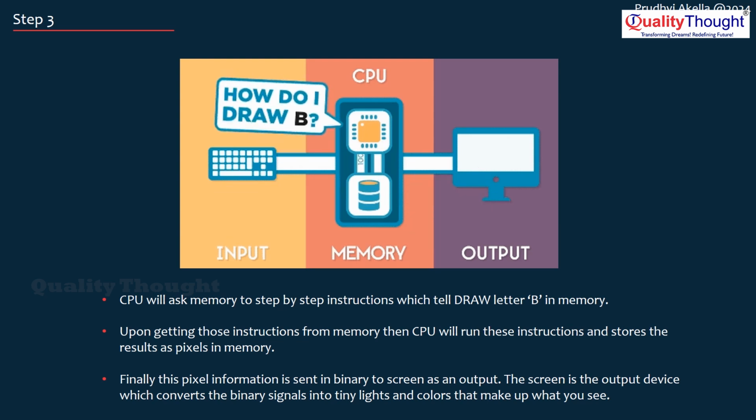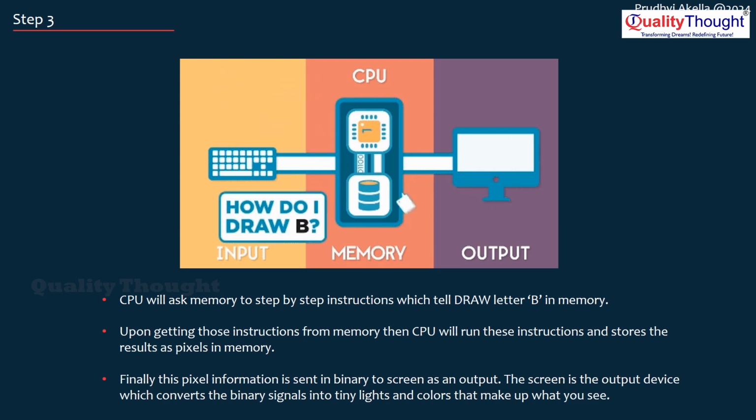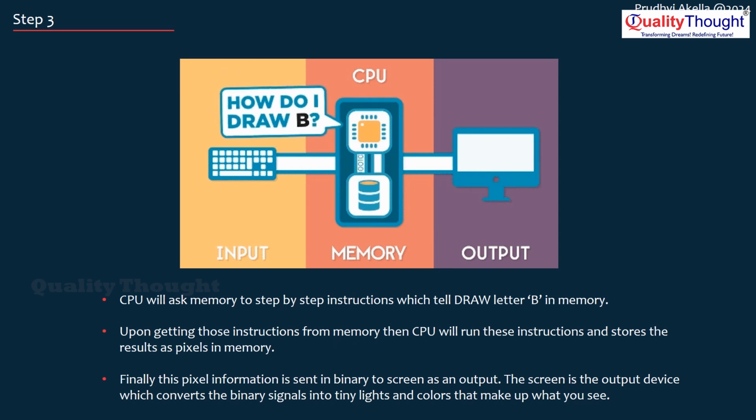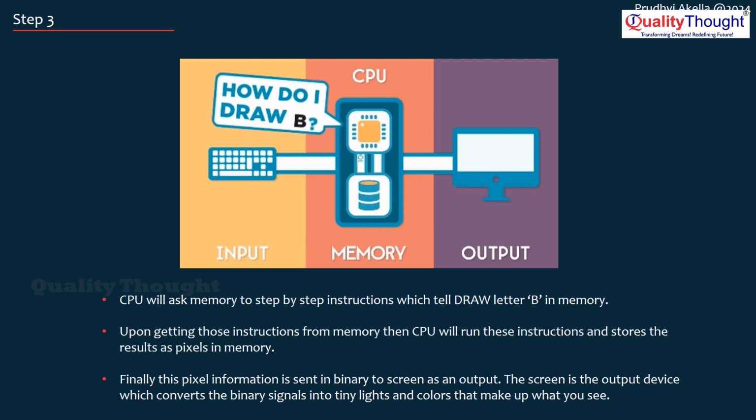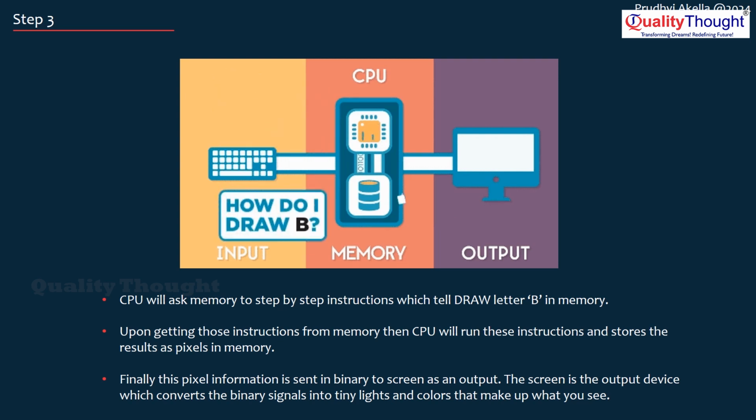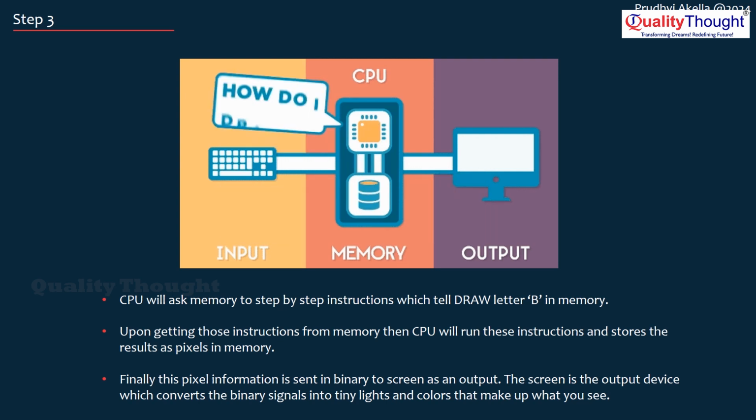Upon getting the instructions from the memory, the CPU will run them and store the results as pixels in the memory. Finally, the pixel information is sent in binary to the screen as an output.